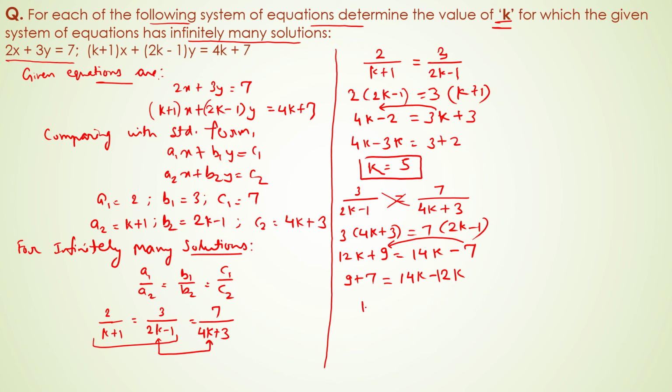So the value of 2k is 16 and the value of k obtained will be 16 by 2. That means k is equal to 8.